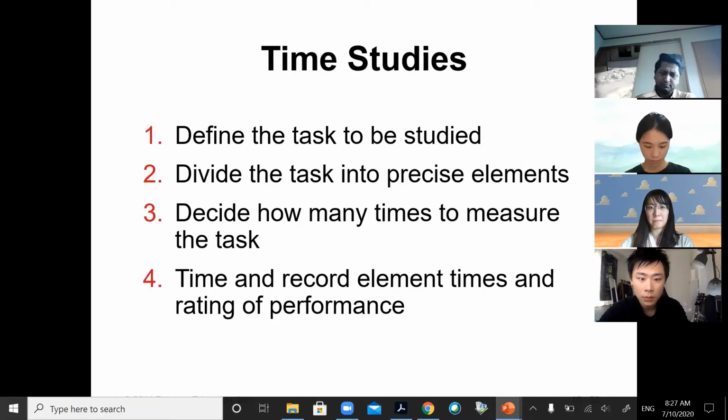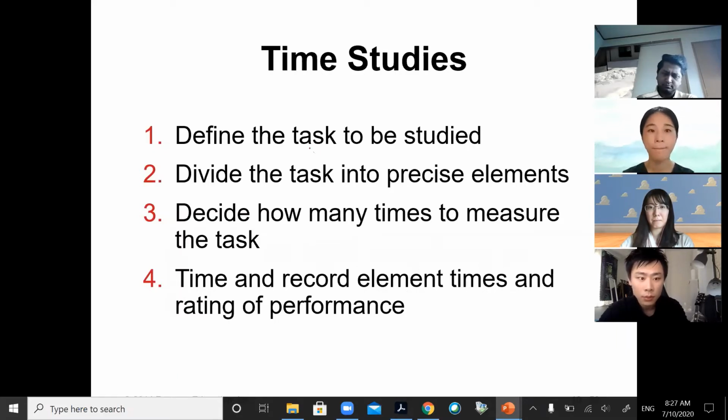So same like a production line. If you want to install the tire onto the car, you need to define from where: the worker picks up the tire, brings it to the car, and installs, tightens. So finish. That's the cycle, right?